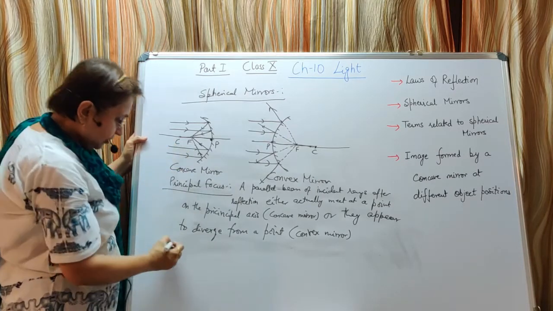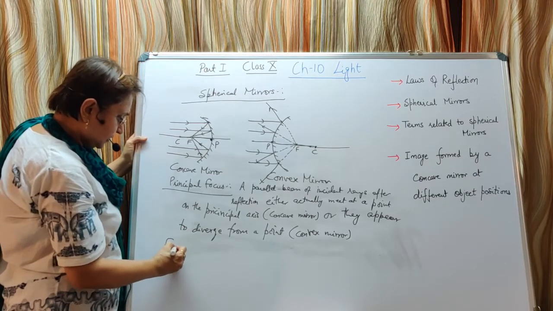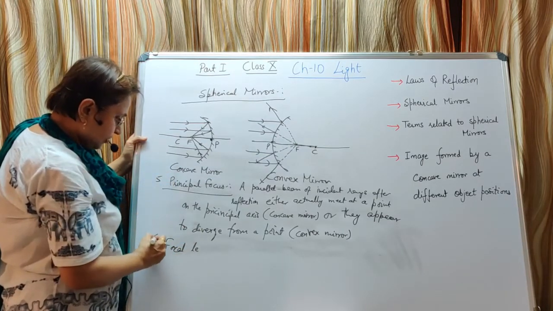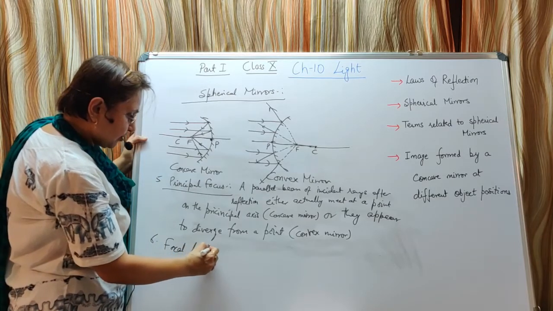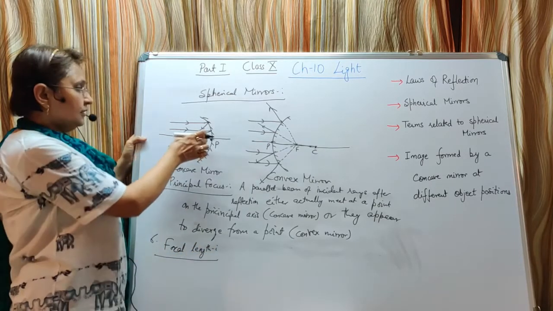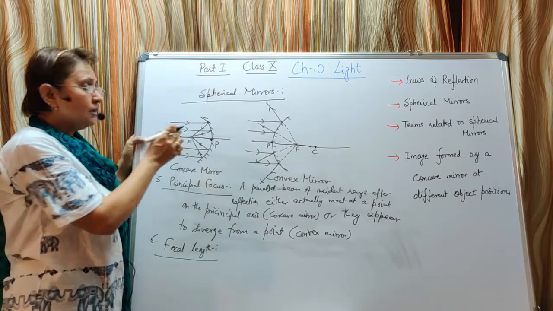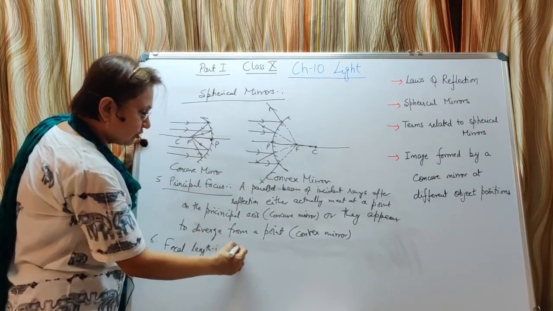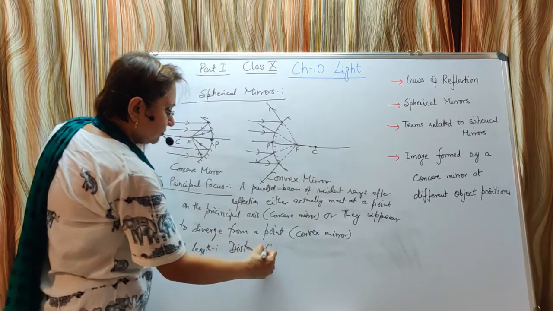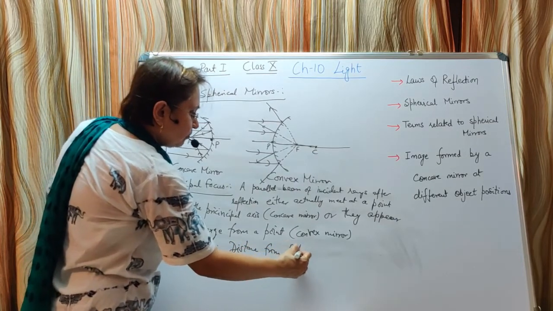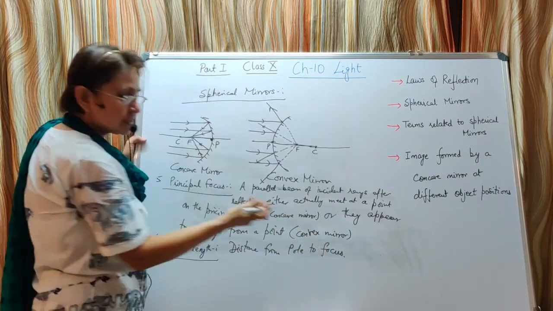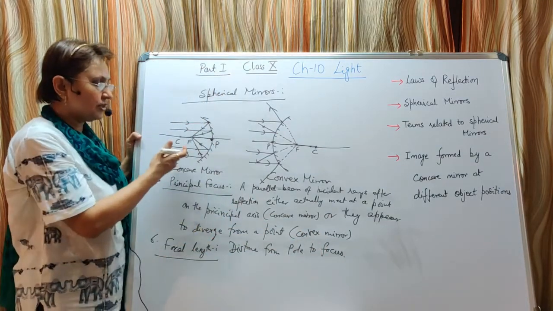Now, next is focal length. How do we define focal length? It is the distance from the pole to the focus. This is the principal focus, or we may call it the focus.